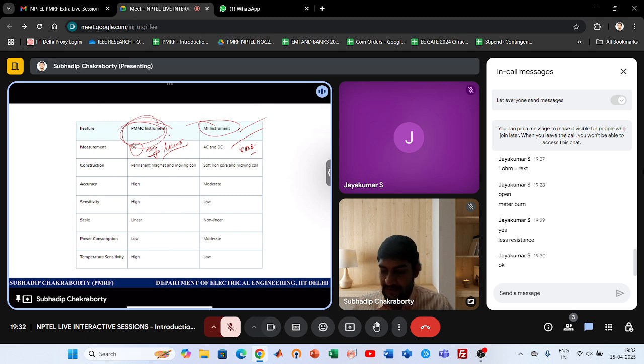Accuracy wise, the PMMC is obviously higher and the MI type is lower. The PMMC is also very sensitive and the MI type is less sensitive, and the power consumption is more for the MI type because of the more reluctance it has to traverse, right? So sensitivity wise also the PMMC is leading, so it is high.